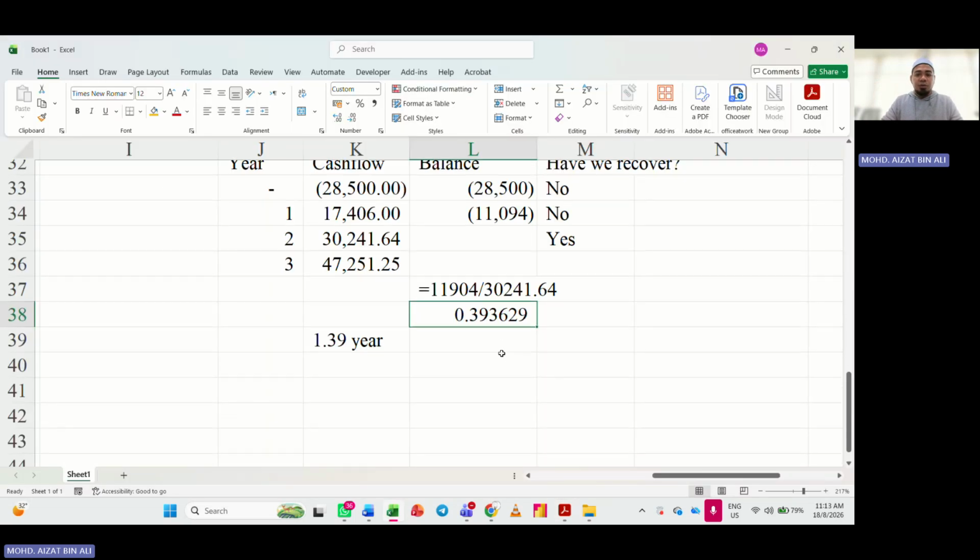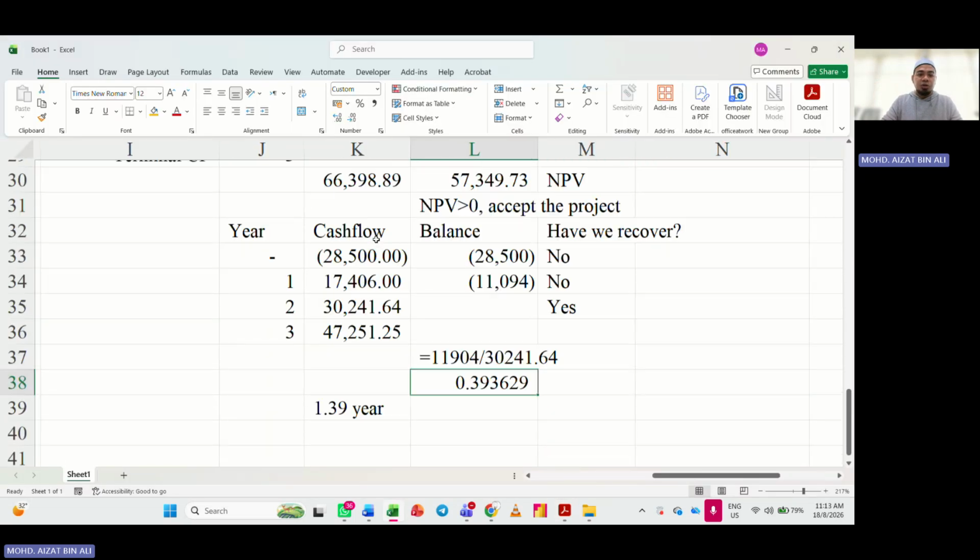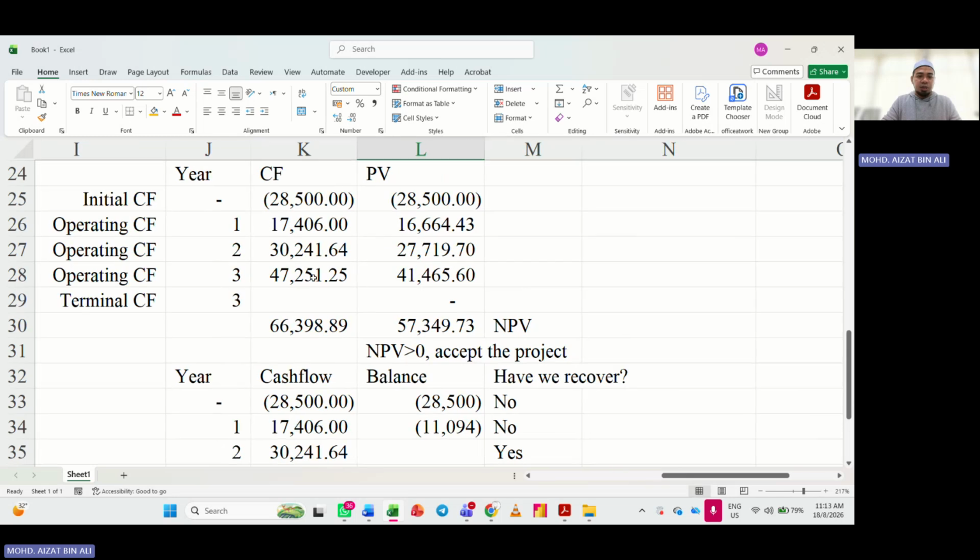Whereas for discounted payback period, instead of using this, we're going to use the discounted figure, this one.